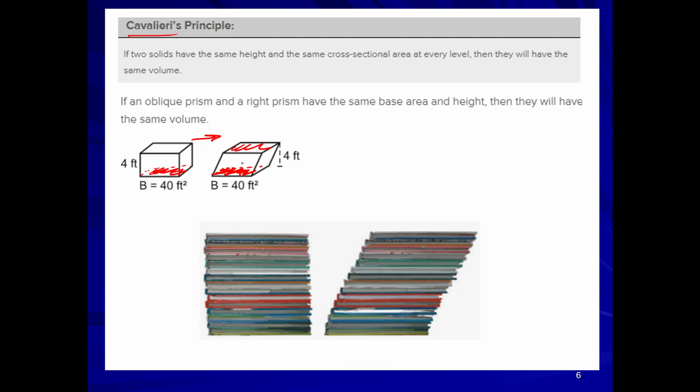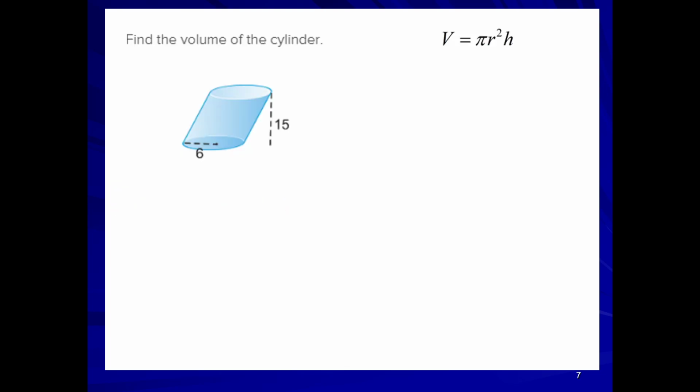So in other words, to calculate this box, you're going to do the same thing you would do for this box. So you would do 40 times 4 for this one. You were also going to do 40 times 4 for this one. Okay. So for instance, this cylinder, okay, a normal cylinder looks like this. And this is the formula, pi r squared h.